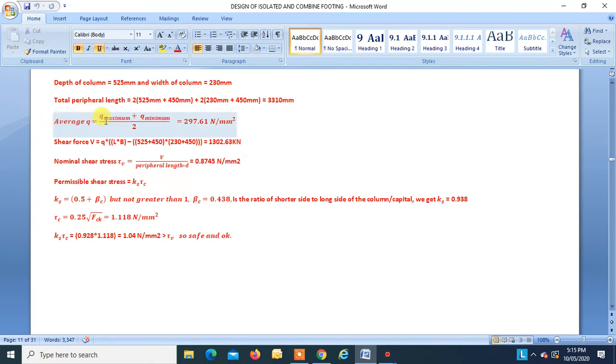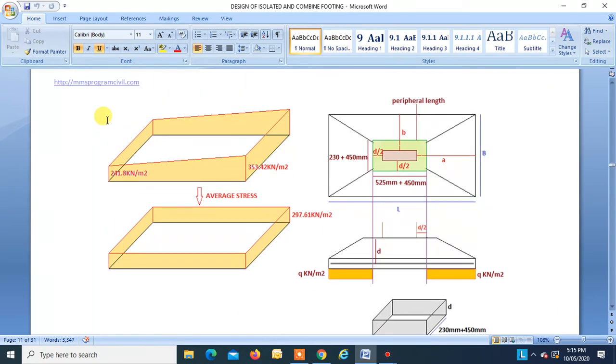Now we will take Q average. This is the actual upper soil pressure diagram below the footing. For ease of calculation, we can take the average of these two. The average of these two is 297.61. So we will consider an average stress diagram, with average upper soil pressure of 297.61 acting below this footing.